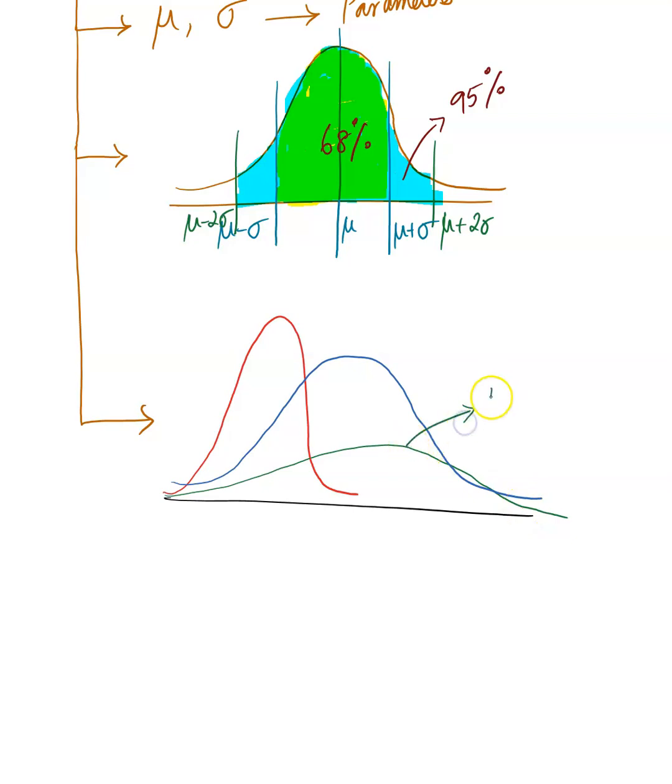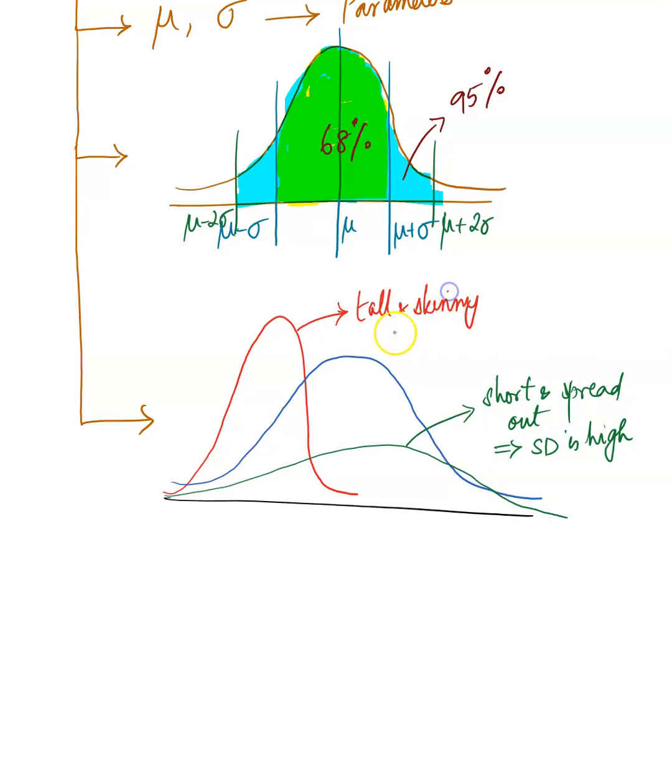This one is short and spread out. That means the standard deviation is high. High deviation, because the deviation is deviated from the center, right? On the other hand, if it is tall and skinny, it implies that the standard deviation is low.